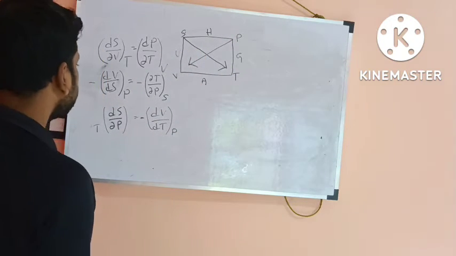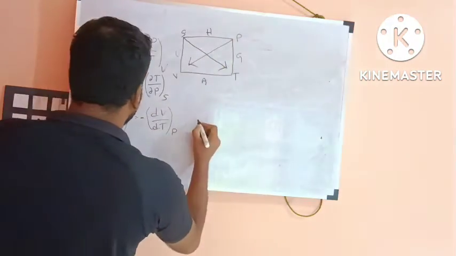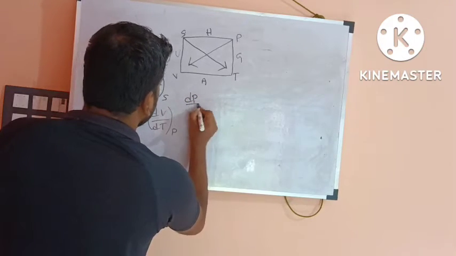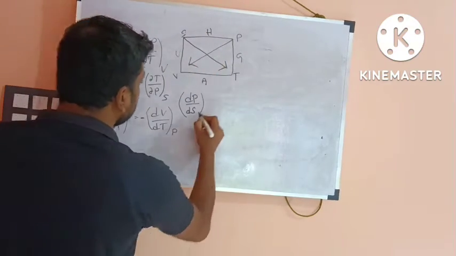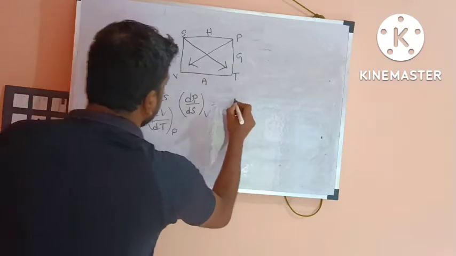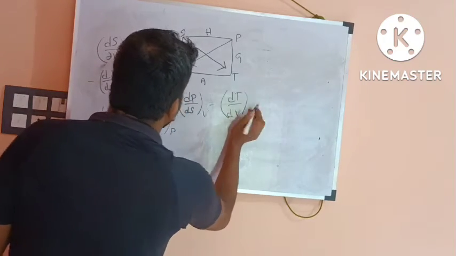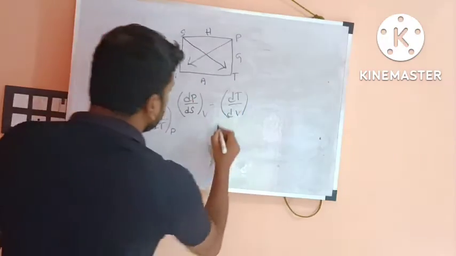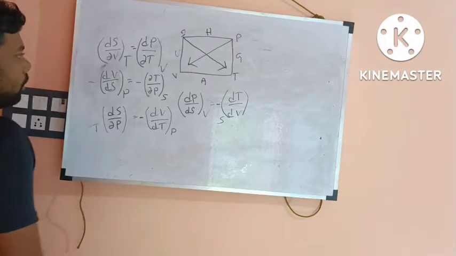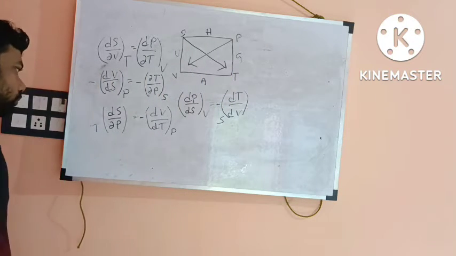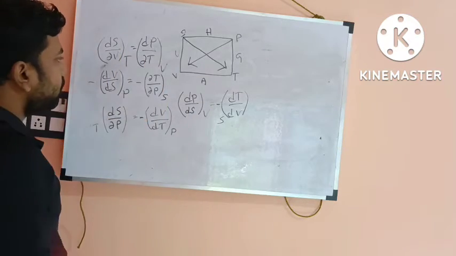And the next relation is del P by del S, the constant is V, and next is del T by del V, here the constant is S, and the sign is negative because it is going opposite. So these are the four relations.